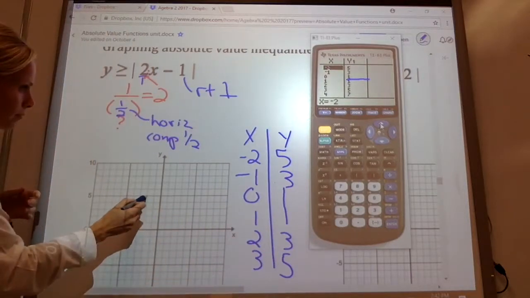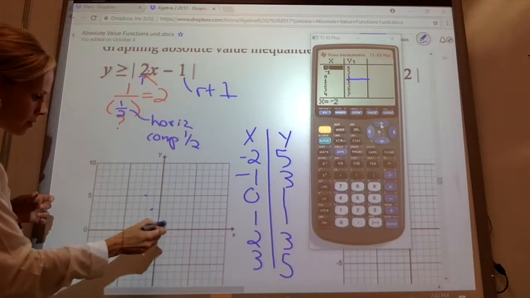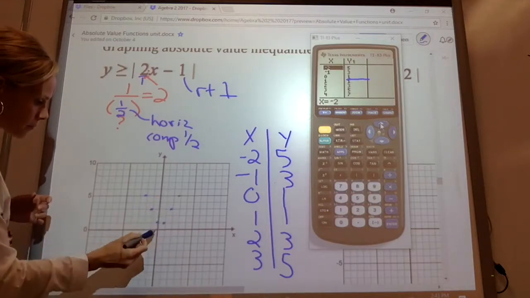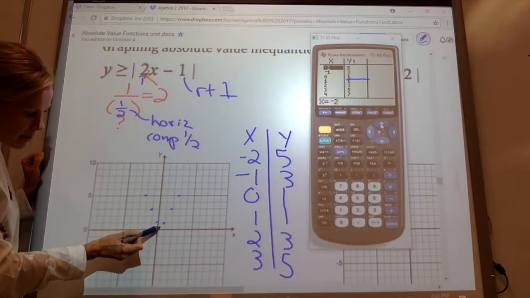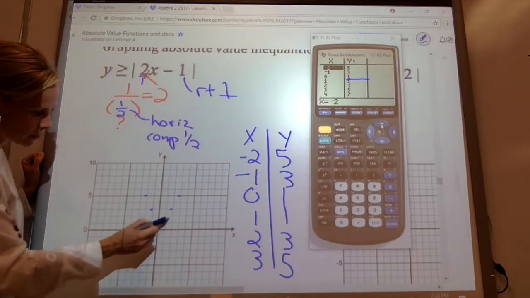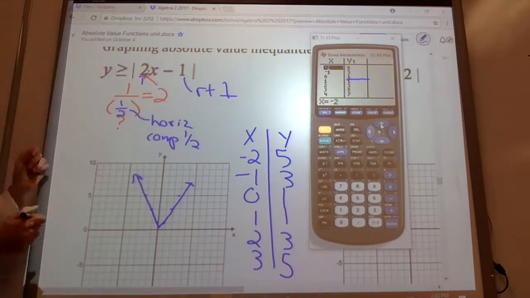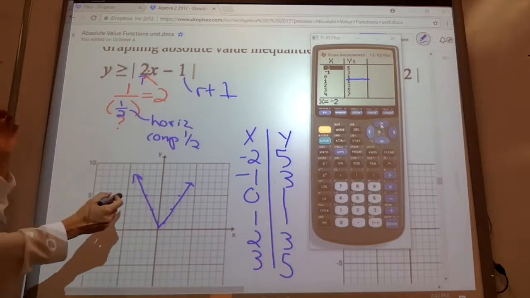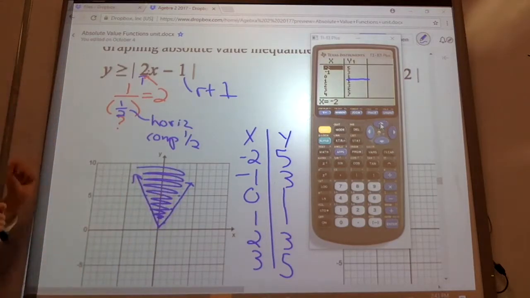So -2, 5, -1, 3, 0, 1. Okay, so my vertex is going to be right here, 1/2 probably. And it'll look something like that. Solid line, right, because it's greater than or equal to. So you have to remember dashed or solid lines on these. This one's going to be solid. And greater than, I would be inside my absolute value.